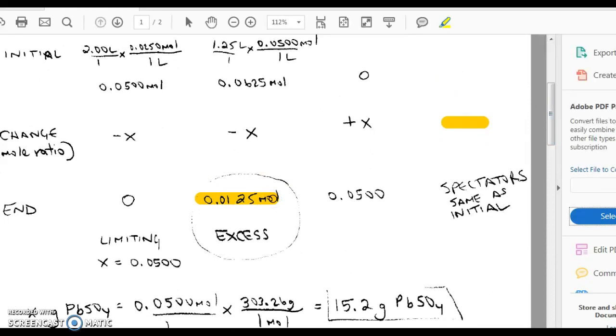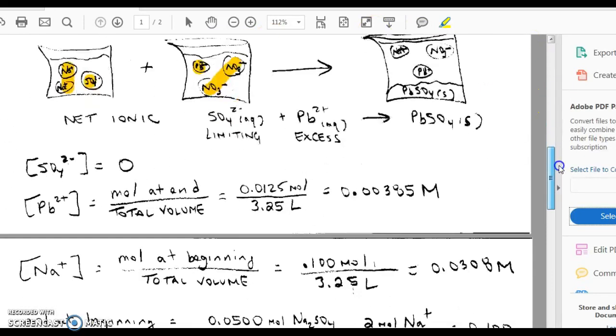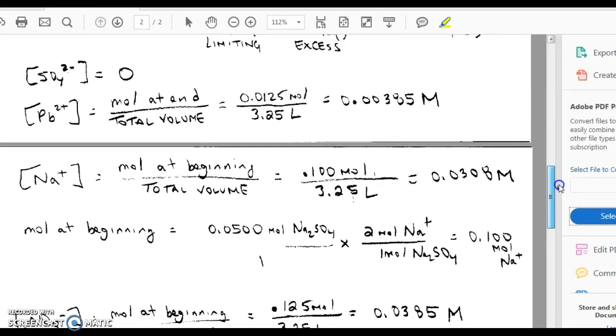And the total solution volume is the sum of the 2 liters of this and the 1.25 liters of the other solution that are now combined in the same beaker. So I divide the moles at the end that I got from the table by the total solution volume to get the excess ion's molarity.